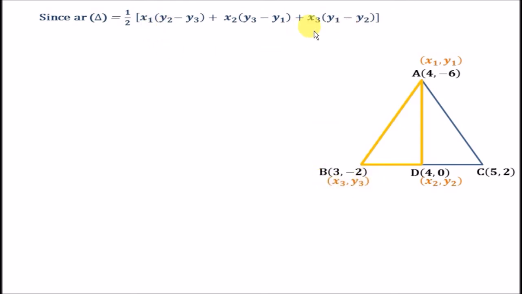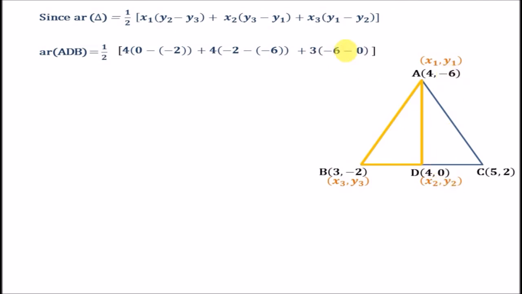Putting the values, half into x1 is 4, y2 minus y3 will be 0 minus 2, plus x2 is 4, y3 minus y1 will be -2 minus 6, plus x3 is 3, y1 minus y2 will be -6 minus 0.